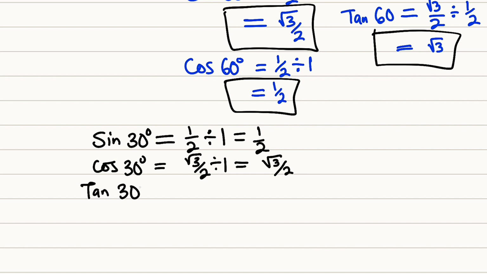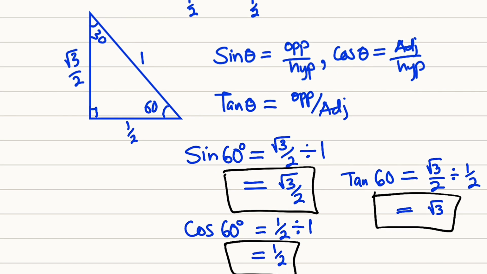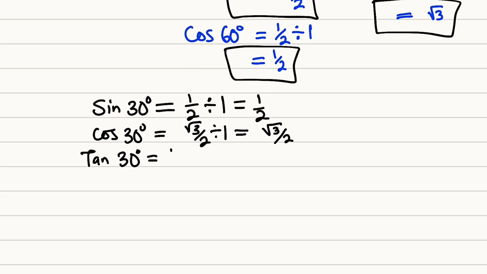And lastly, for tangent of 30 degrees, remember it is opposite divided by adjacent. This is opposite, this is adjacent. So we have 1 over 2 divided by root 3 over 2. And this is equal to 1 over root 3.